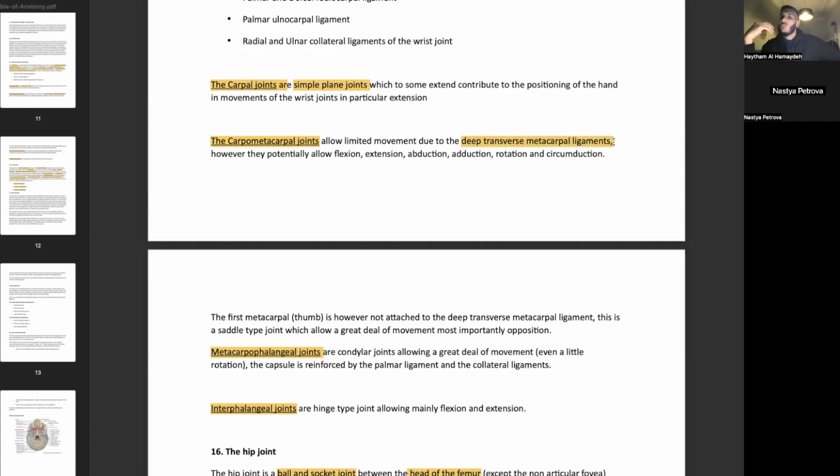However, they allow for all of those movements. They're like ball and socket joints. Look, if I look at my finger, if I do this, see? The ball and socket. But it provides less movement compared to my shoulder, because of the deep transverse metacarpal ligament.